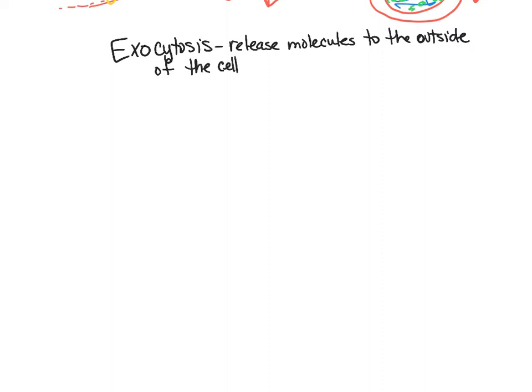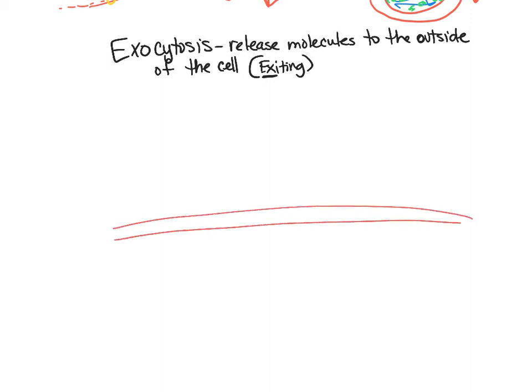I usually think of it as exiting the cell. Exocytosis is exiting the cell. In this case, our vesicles are going to fuse with the plasma membrane and release the contents to the outside. And this is what we've already talked about with our rough endoplasmic reticulum, making the vesicles and moving them to the Golgi apparatus or the Golgi body.